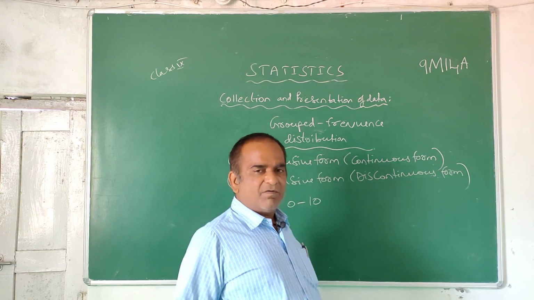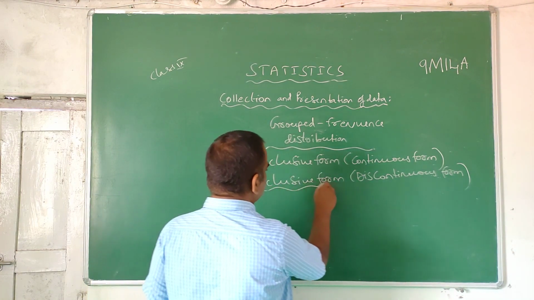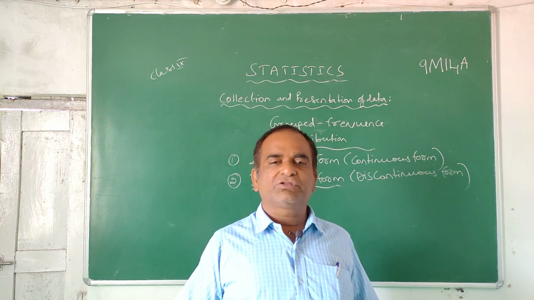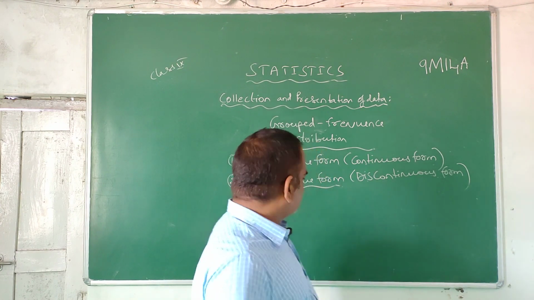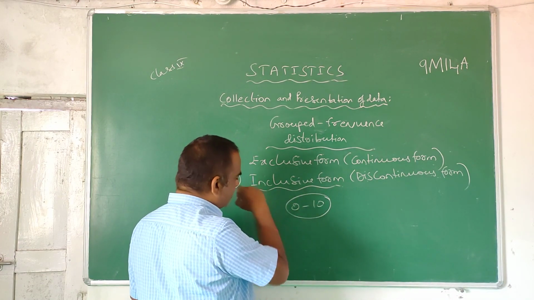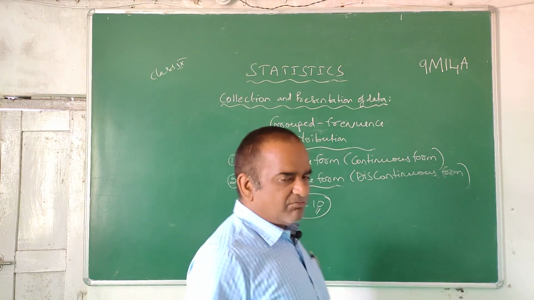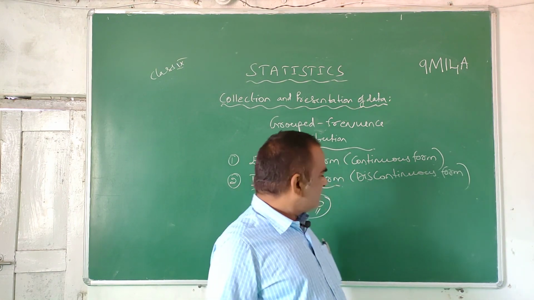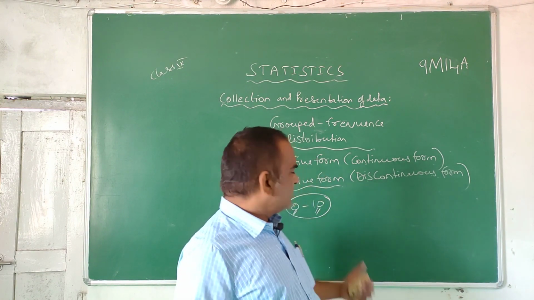That is called exclusive form, continuous form. In exclusive form, the upper limit is excluded. Next, inclusive form or discontinuous form. In discontinuous form, both lower and upper limits of a class are included. So if you take 0 to 10 and both 0 and 10 are included, both lower and upper limits, it is called inclusive form. If the upper limit is excluded, then it is called exclusive form.